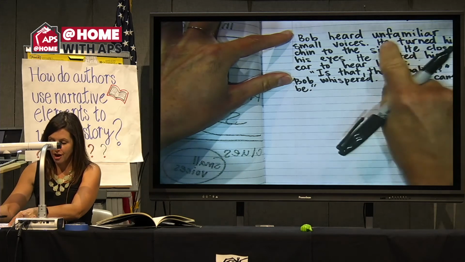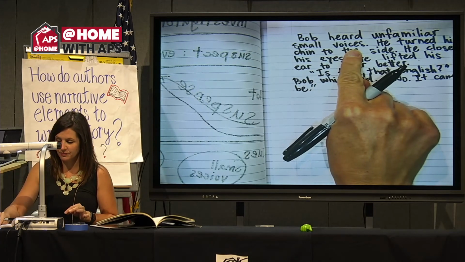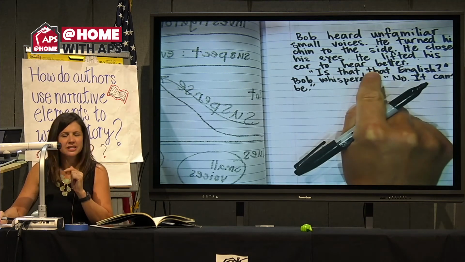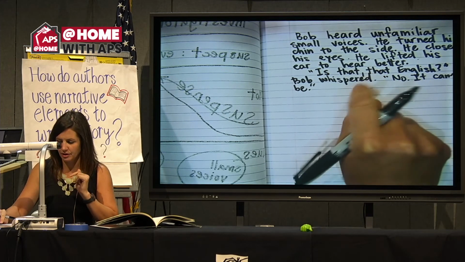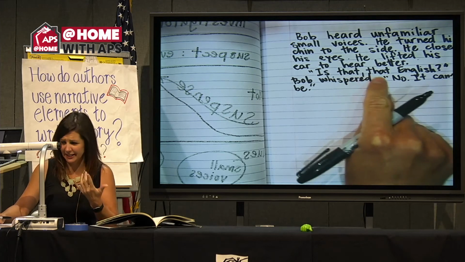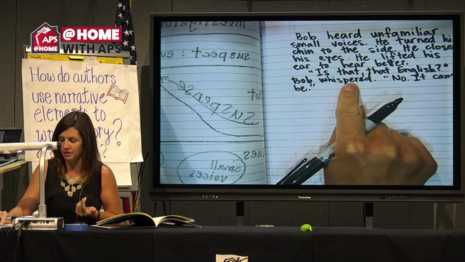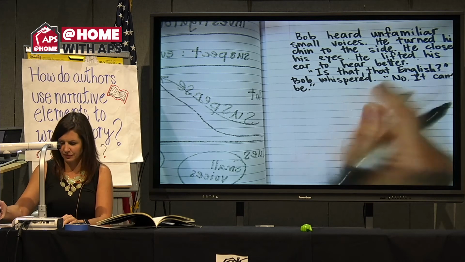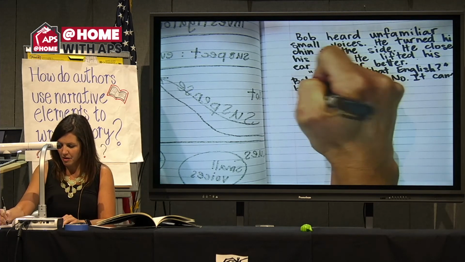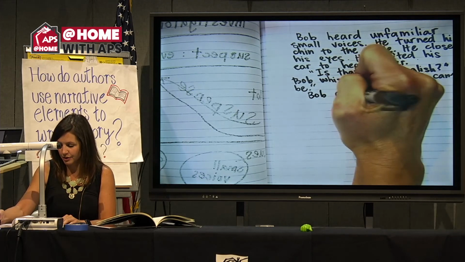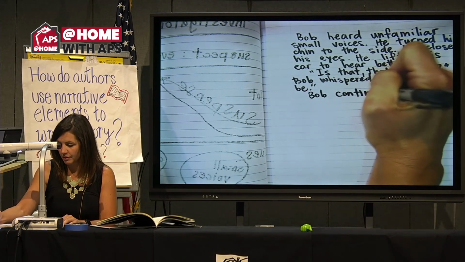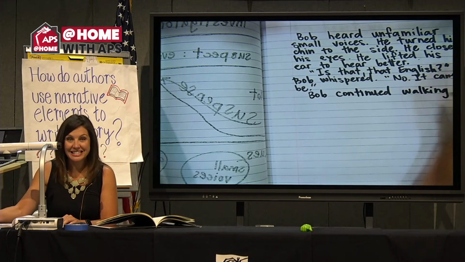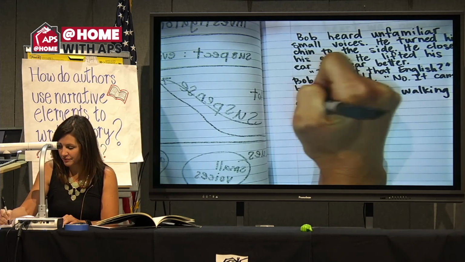Bob heard unfamiliar small voices. He turned his chin to the side. He closed his eyes. He lifted his ear to hear better. Is that English? Bob whispered. No, it can't be. Bob continued walking down the stairs.